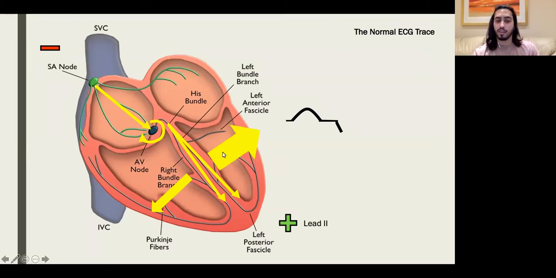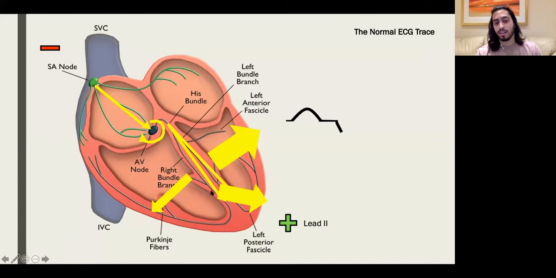Now, if you think of what the mean vector between these two things is, so if you incorporate both of these into the graphical representation of what the heart looks like here, usually you'd go in the middle, but it's more leaning towards the left, just because of how much energy you actually need to get the heart pumping from the left side.